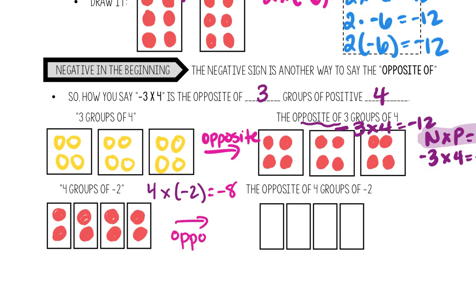How do I show that I want the opposite of that? With a negative sign. So the opposite of 4 groups of negative 2 would be negative 4 times negative 2. So what's the opposite of that? I'm going to flip it over and I'm going to have positive.